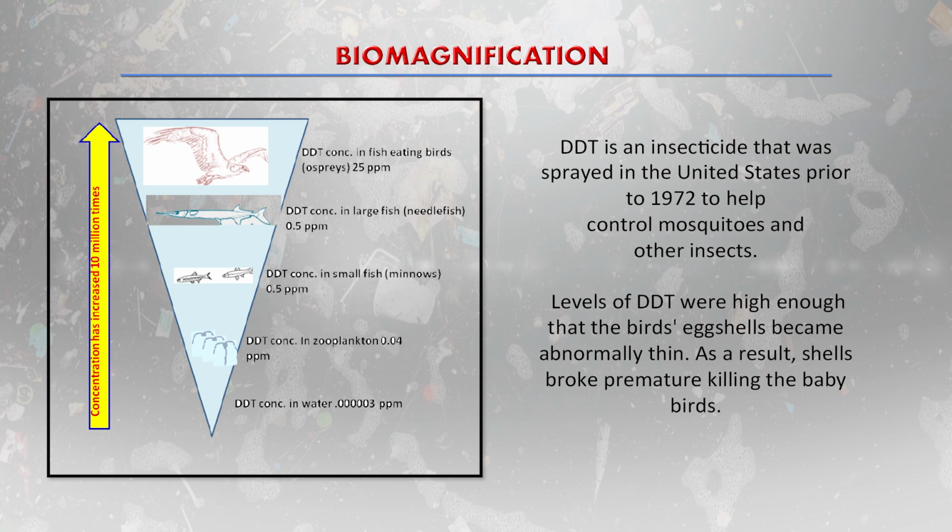After 1972, the United States stopped using DDT. After that, there has been an increase in the population of these predatory birds. Looking at the gravity of this problem, it is very important that we are able to assess whether a chemical has the tendency to bioaccumulate or biomagnify.